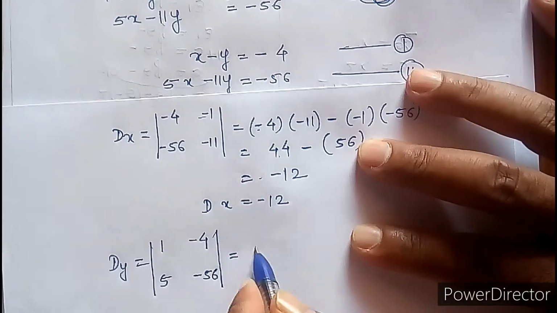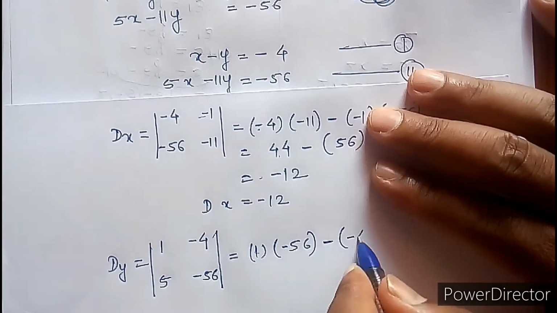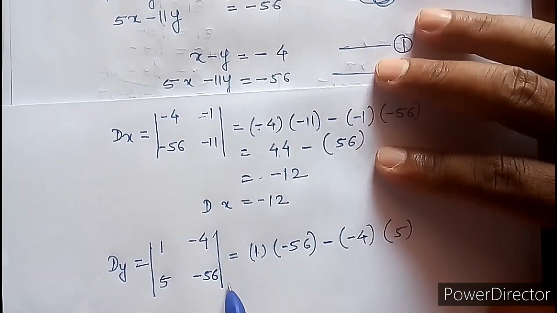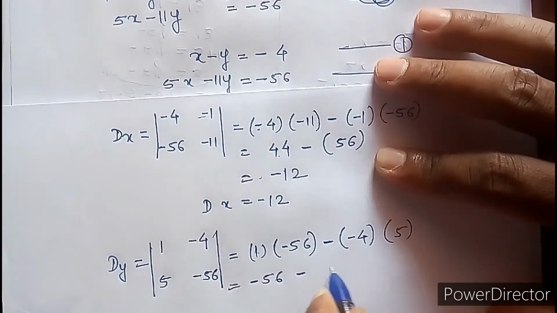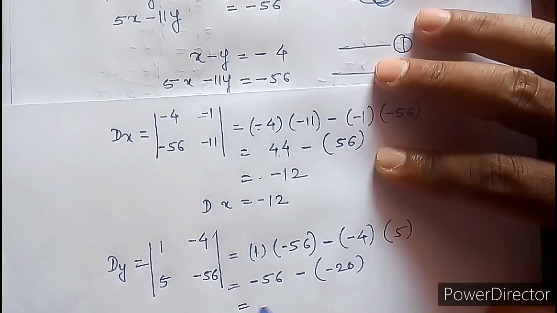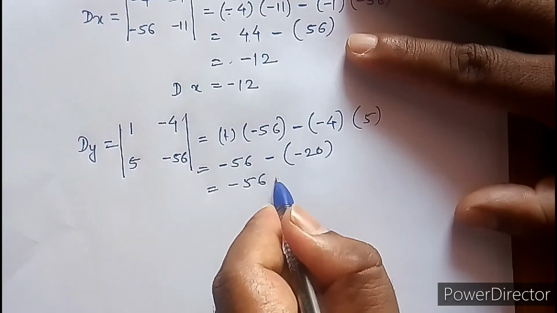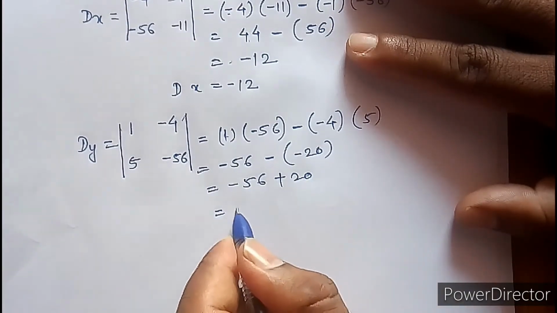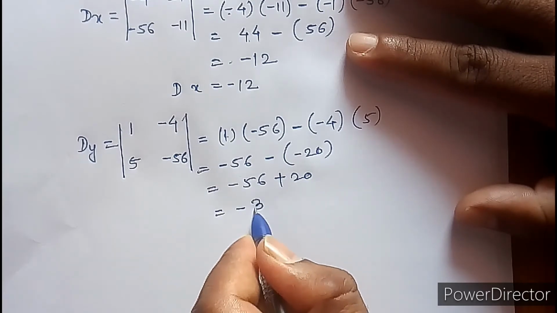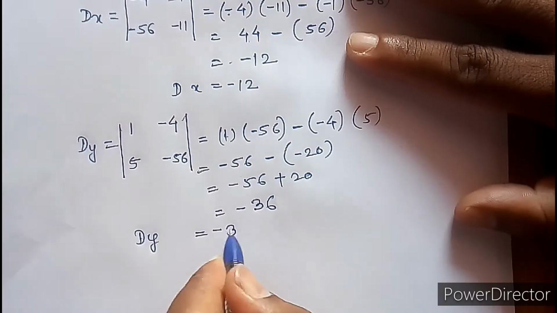Now on solving this, 1 will be multiplied with minus 56 minus 4 will be multiplied with 5. 1 into minus 56, that will be minus of 56, minus as it is minus 4 into 5, that will be minus of 20. Now here minus 56 as it is, minus minus, it will be plus of 20, minus 56 plus 20, that will be equals to minus of 36. Here we get the value of Dy equals to minus 36.